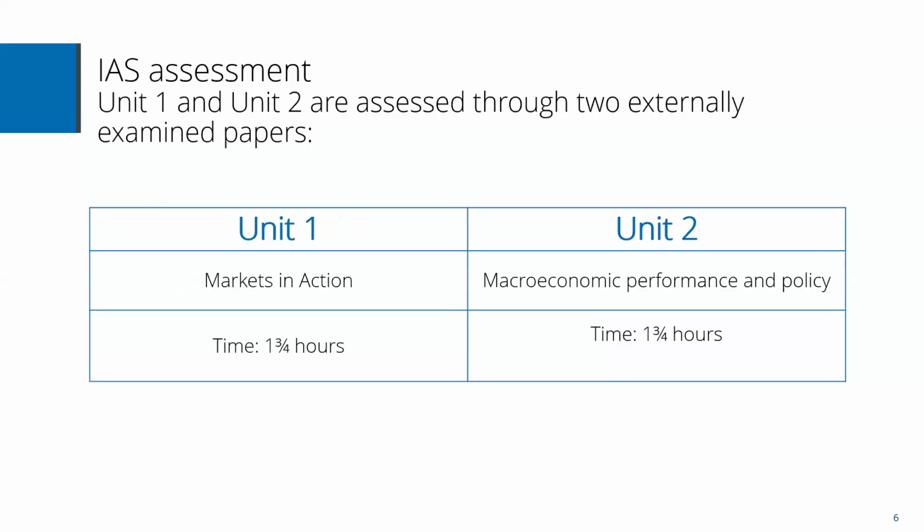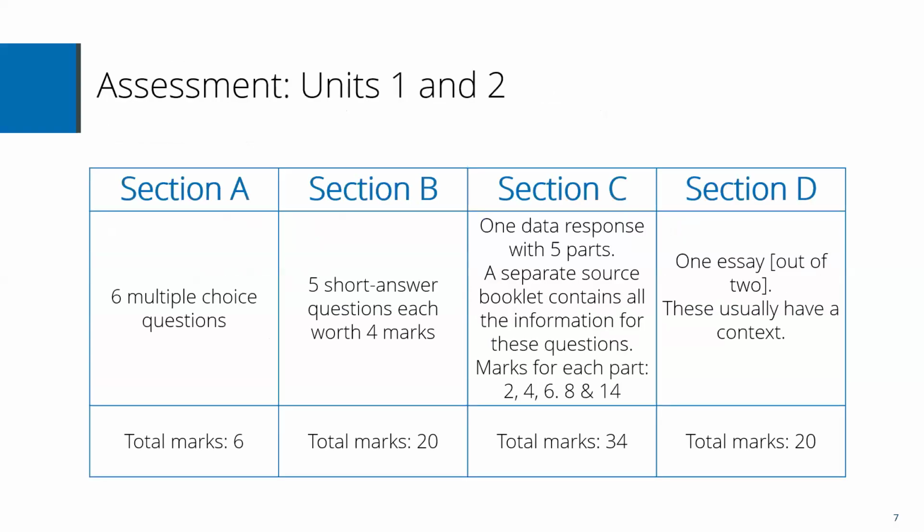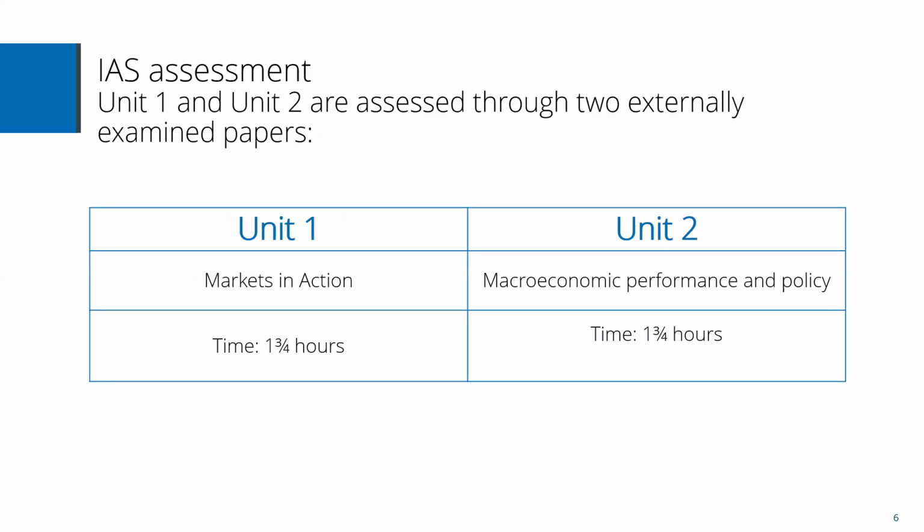Straight into the assessment overview, as promised. Initially, we're looking at Units 1 and 2 and the assessment for those AS units. These are assessed using 2 externally examined papers: Markets in Action, Unit 1, and Macroeconomic Performance and Policy, Unit 2.